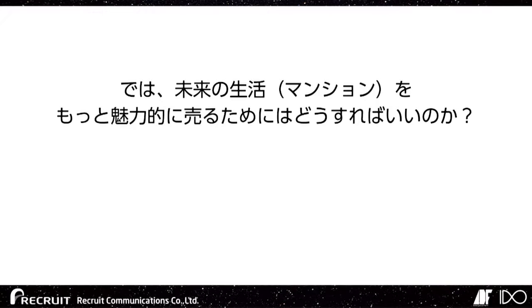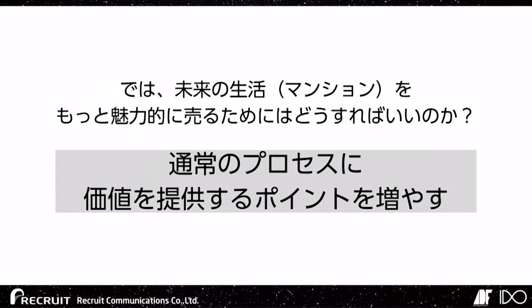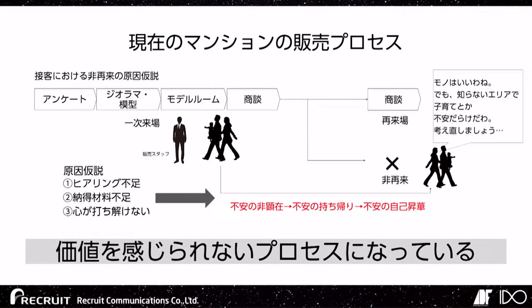So the condos for the future, and how you can sell those condos or apartments. So as of today, there is a process to sell, but you have to add more values.